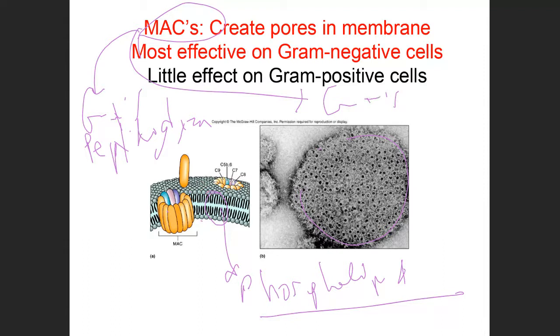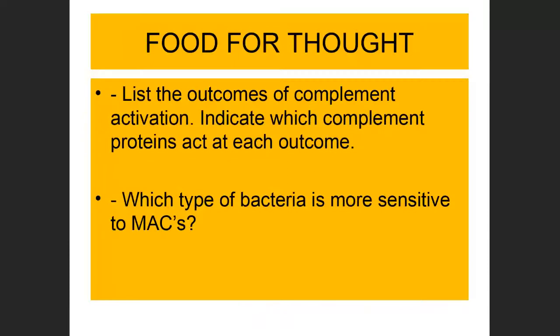Gram-negatives have LPS, lipopolysaccharides, so they have a lipid cell wall, which can be attacked by MACs. So MACs are more effective against gram-positives than gram-negatives. The other way around. MACs are more effective against gram-negatives than gram-positives. I'm sorry about that. Because gram-negatives have a fatty cell wall, and that's where MACs attach or insert themselves.